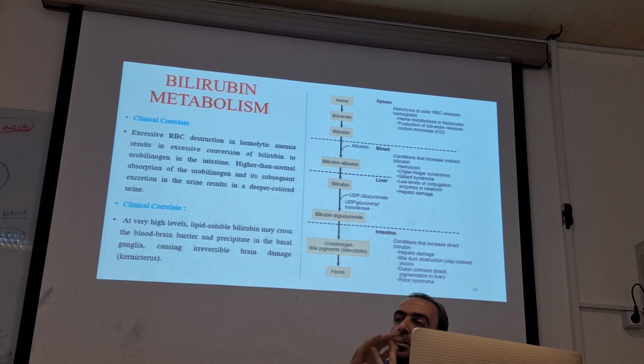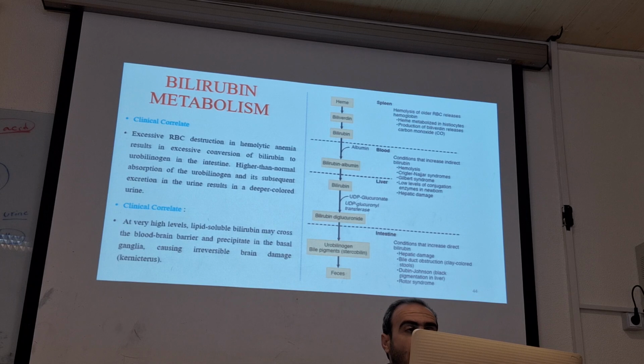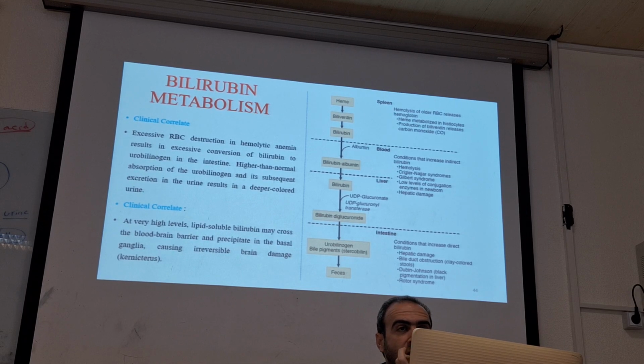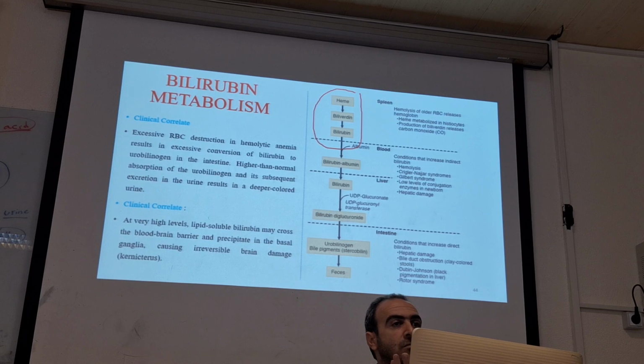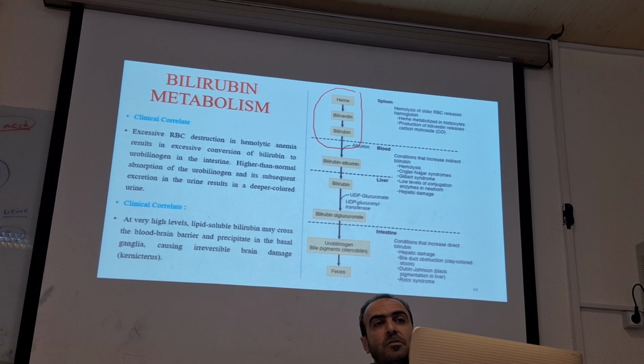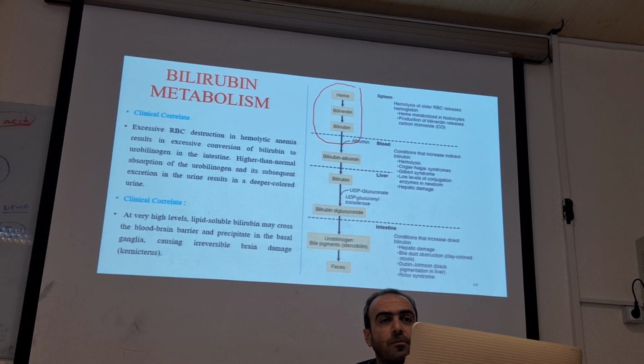So we have 3 kinds of jaundice: prehepatic jaundice, hepatic jaundice, and post-hepatic jaundice. All those reasons that lead to increased hemoglobin degradation, RBC degradation, are known as prehepatic jaundice, like bleeding, different kinds of anemia, or G6PD deficiency, and so on.